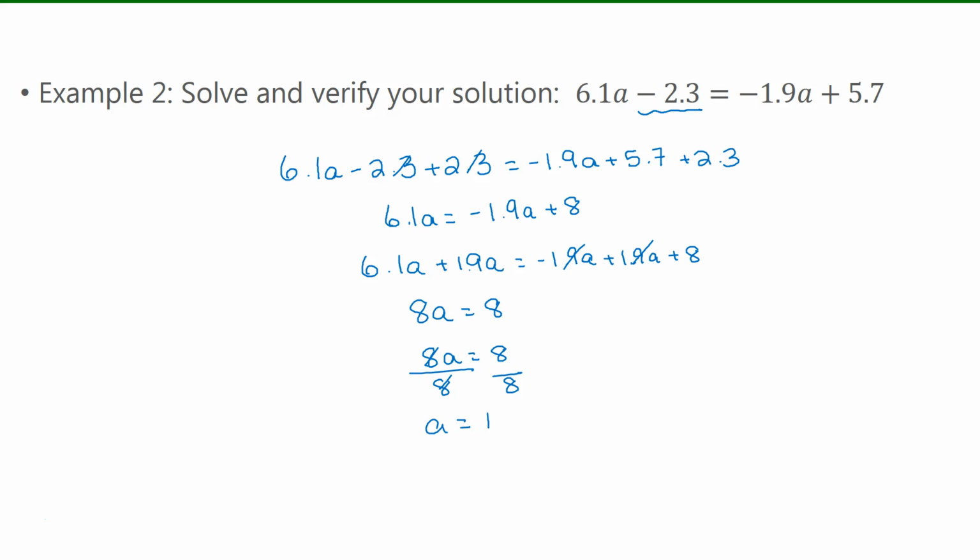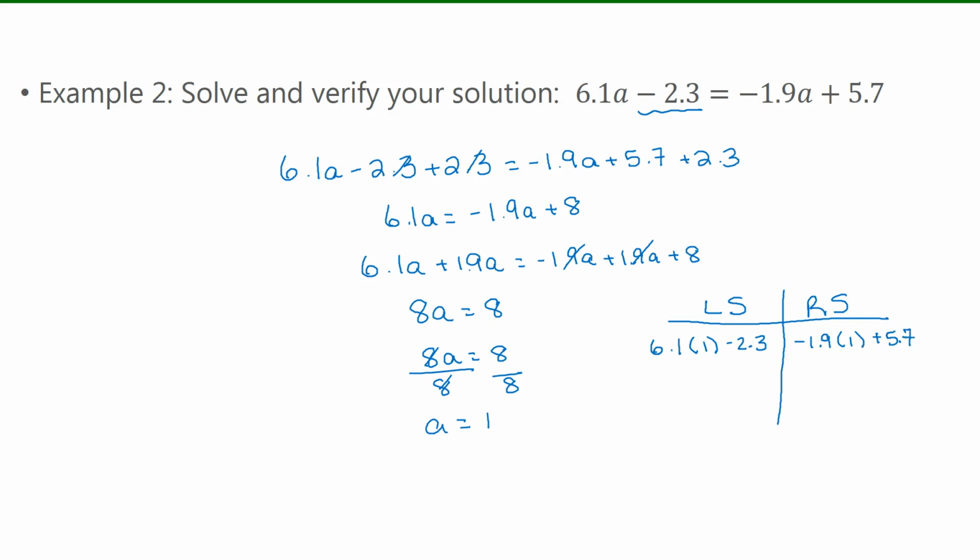Now to verify, we'll set up our left side, right side chart and plug in a to be 1. 6.1 times 1 minus 2.3 on the left, negative 1.9 times 1 plus 5.7 on the right.